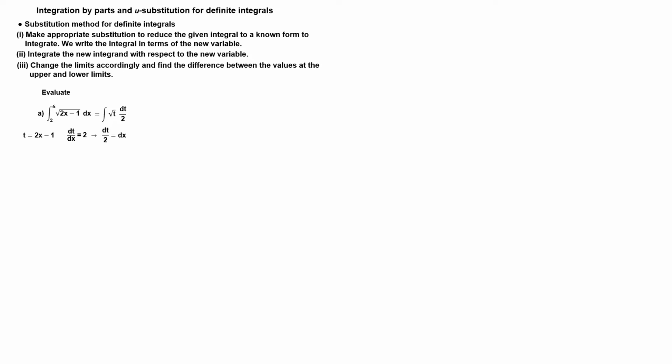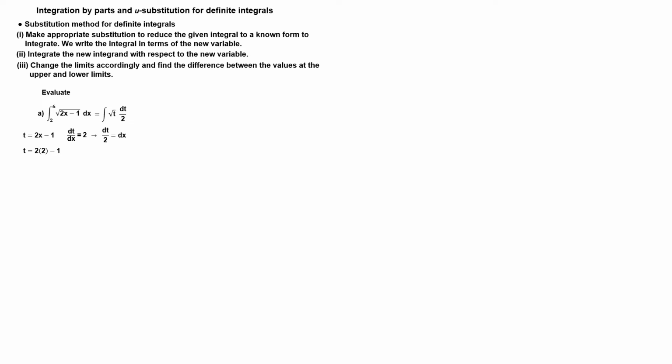The new function of t must be integrated with respect to t, not with respect to x. But the original limits of integration are limits on the variable x, not t. When we integrate with respect to the variable t, the limits must be written in terms of t too. So we use the substitution to find the limits of integration.